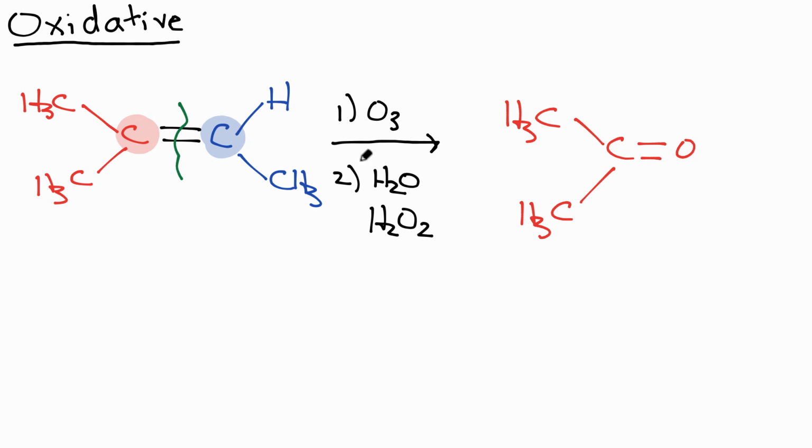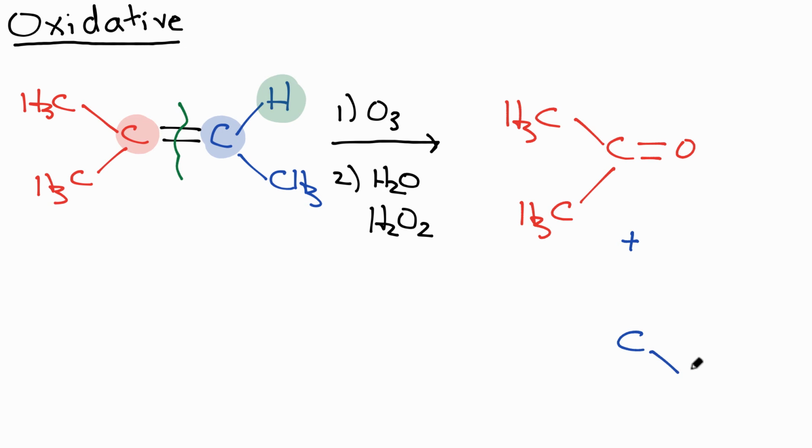The main thing that changes in an oxidative workup is when you have a hydrogen on your alkene carbon. So this hydrogen will get oxidized to an OH group in the product. So now when we draw the product for this, our second product, we have our carbon.